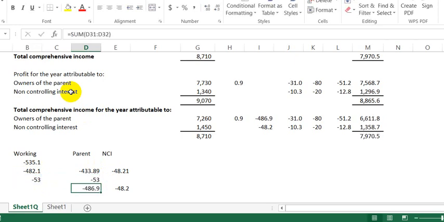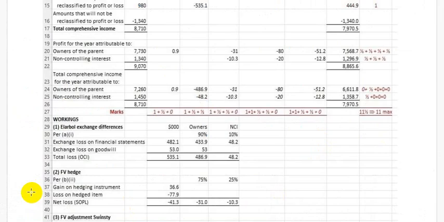Okay, so we should have maintained the negative sign there. So we've got 7970.5. Voila.